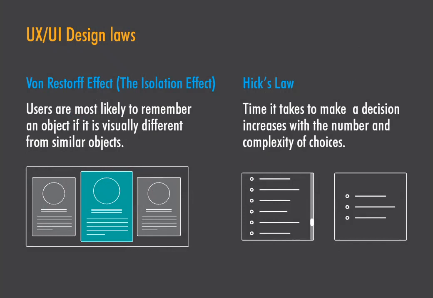Okay, let's get into some design laws with the names of the people who invented those laws. The first is the von Restorff effect, also known as the isolation effect. What the law implies is that people are most likely to remember an object that is visually different from similar objects.